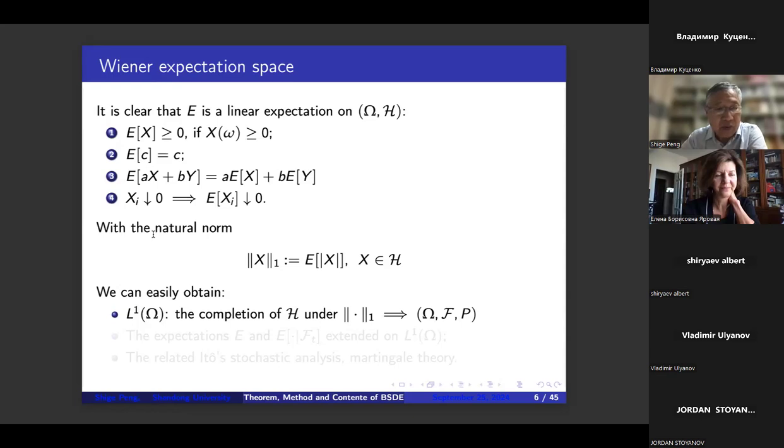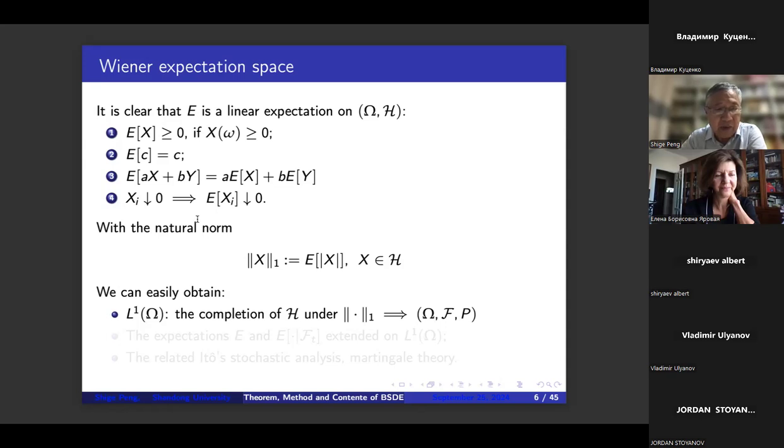And also this E satisfies positivity, keeping constant, and linearity. It's also easy to prove that when a sequence xi in H converges to 0, the expectation of xi also converges to 0.